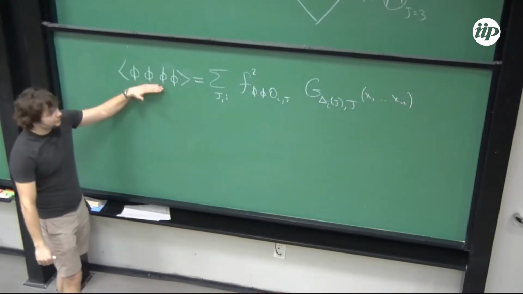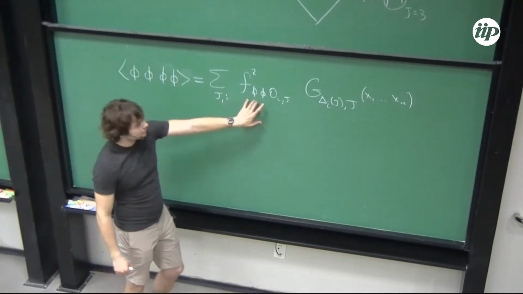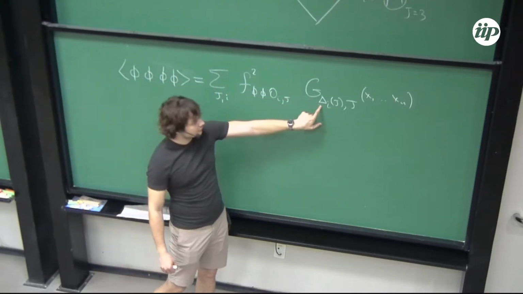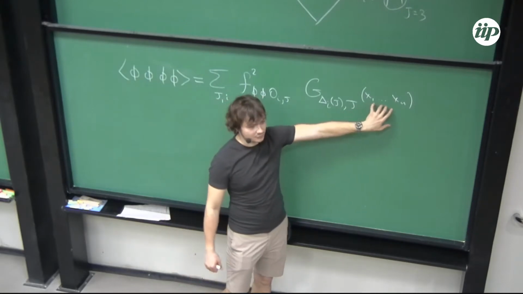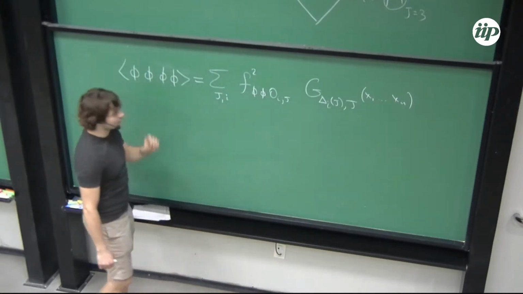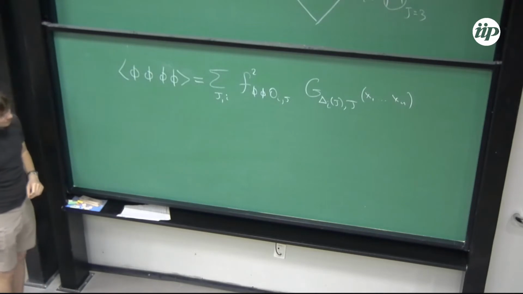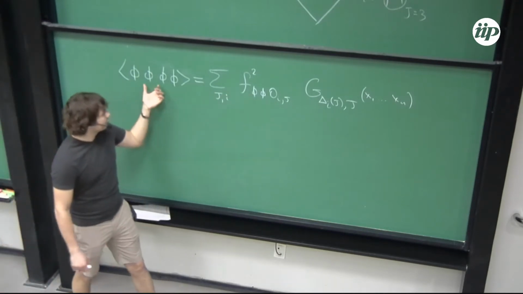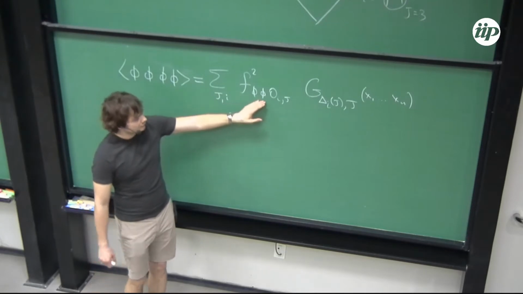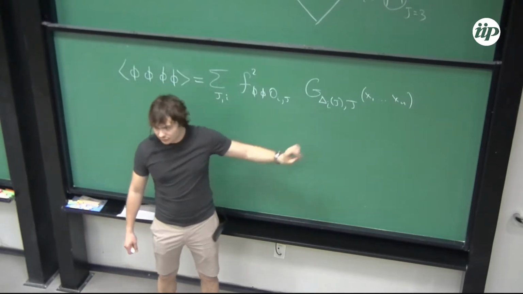So here, this is the 4-point function, squares of OPE coefficients. This is the conformal block with dimension delta_i of j, spin j, and it depends on the insertions of these 4 operators, x1 to x4. And we want to find the formula which, given the 4-point function, will reproduce this set of OPE coefficients and scaling dimensions.